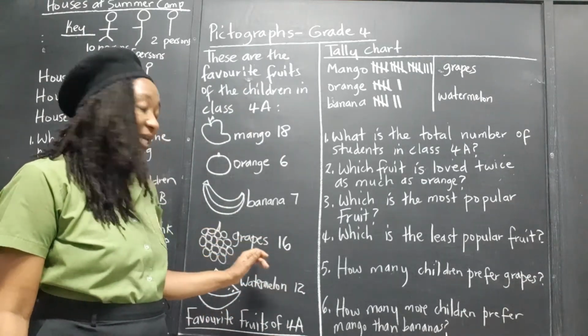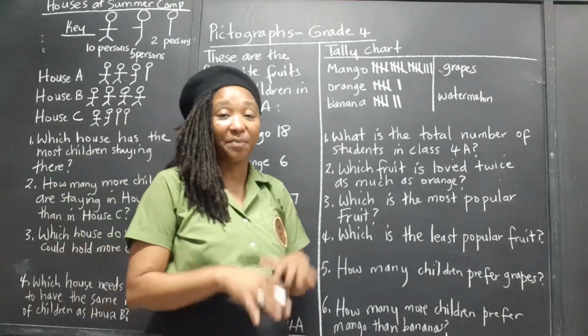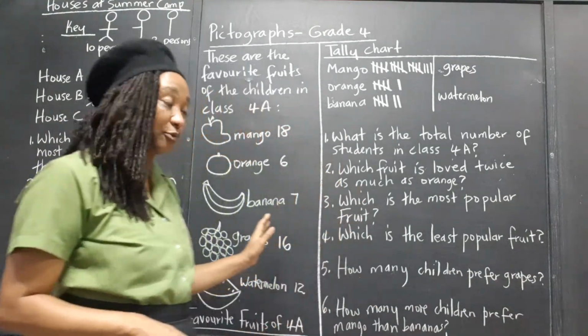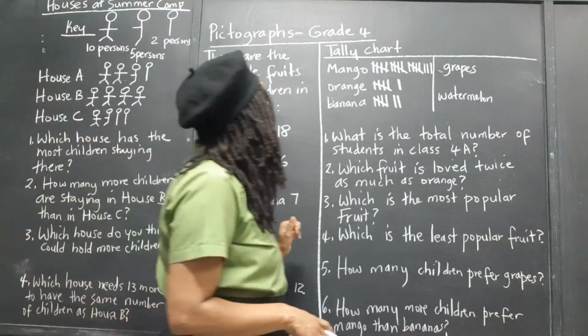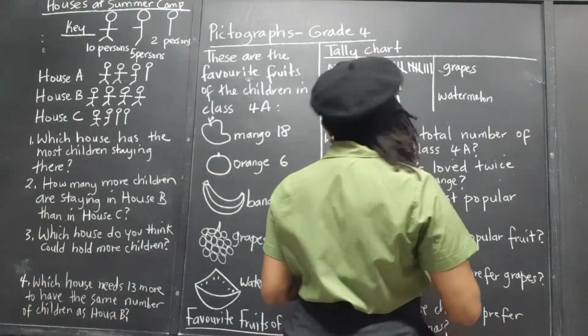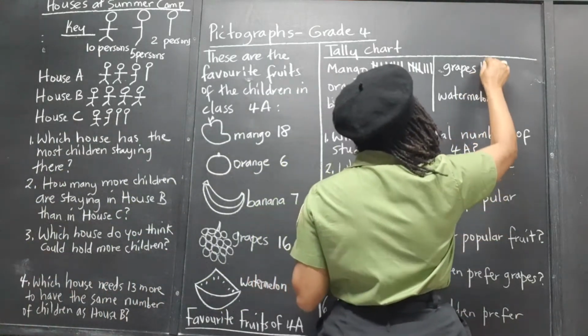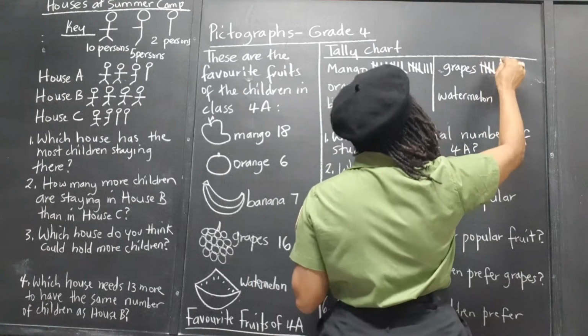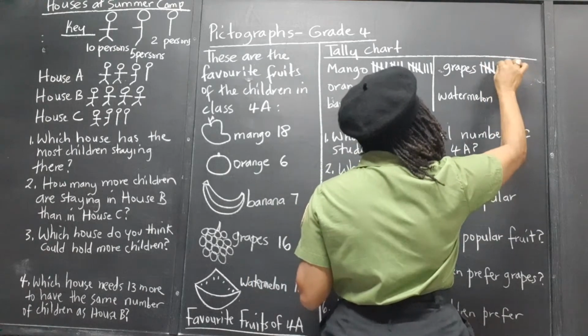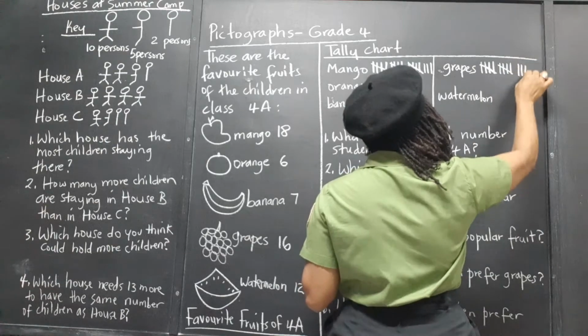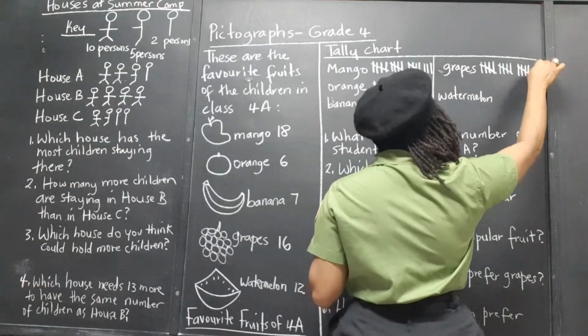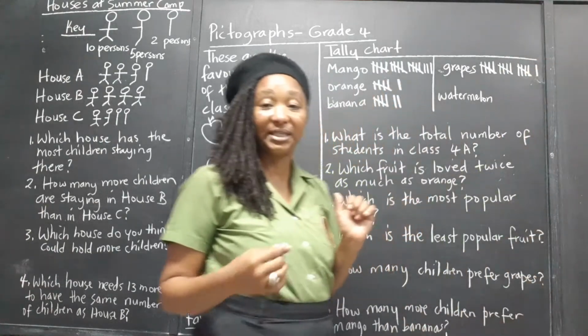16 students say they really love grapes. They prefer grapes more than all the other fruits. So let's represent the students who prefer grapes. 16. 1, 2, 3, 4, 5, 6, 7, 8, 9, 10, 11, 12, 13, 14, 15, and one more for 16.